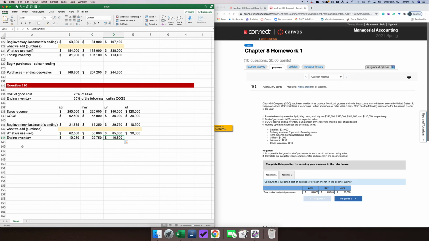And so now, just like above, if the beginning plus the purchases minus the sales equal ending, then our purchases are going to be ending inventory minus the beginning inventory plus sales.